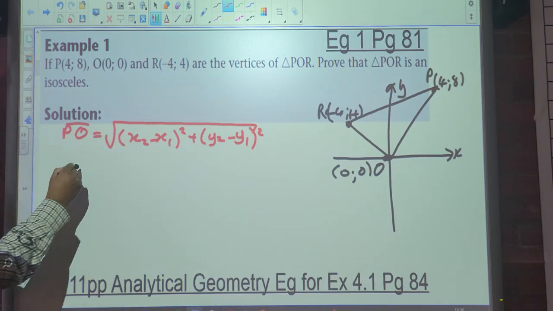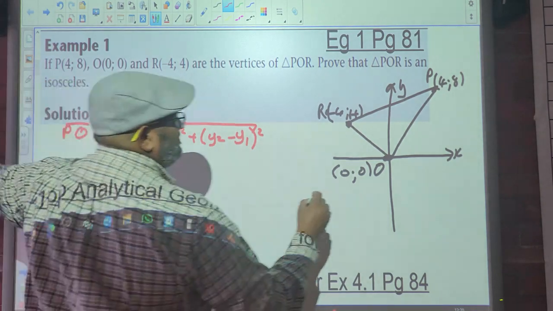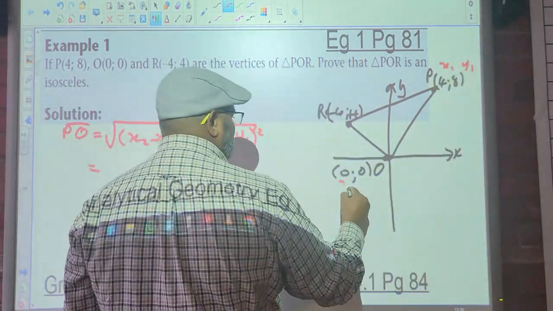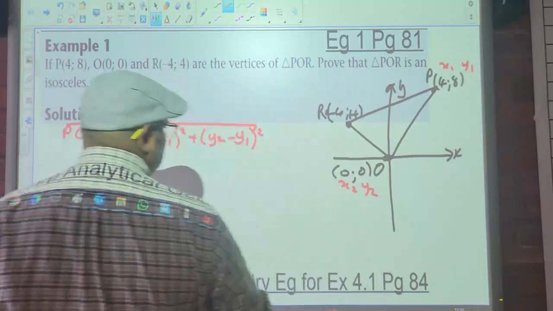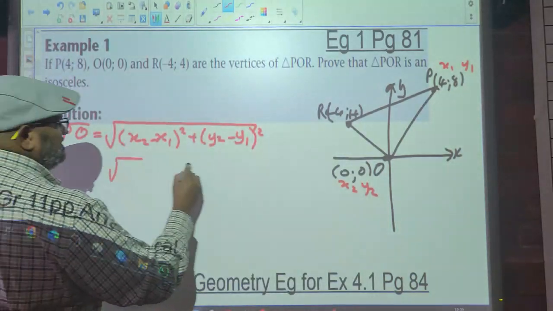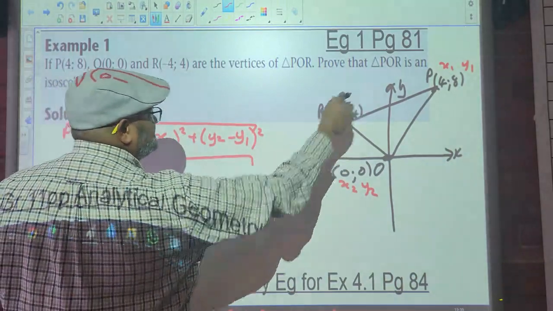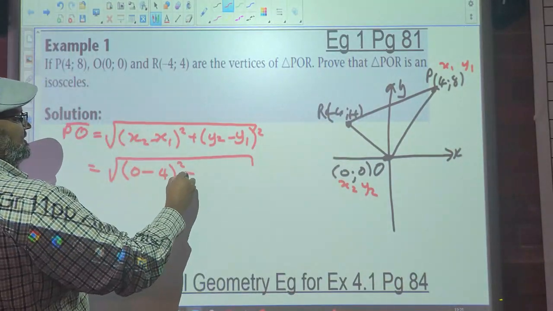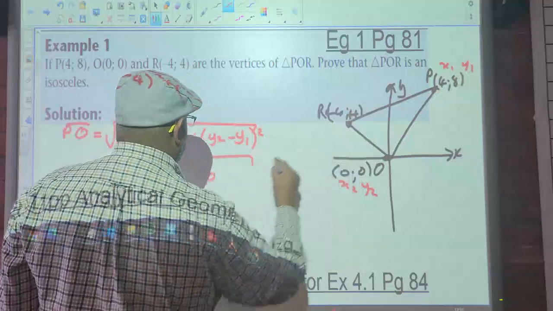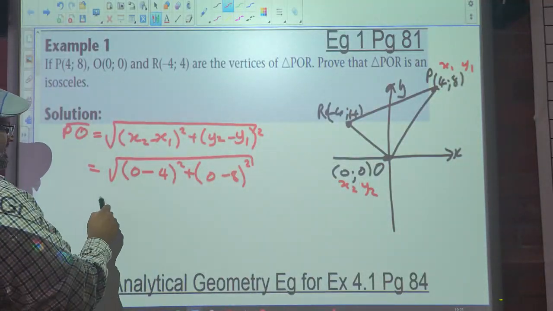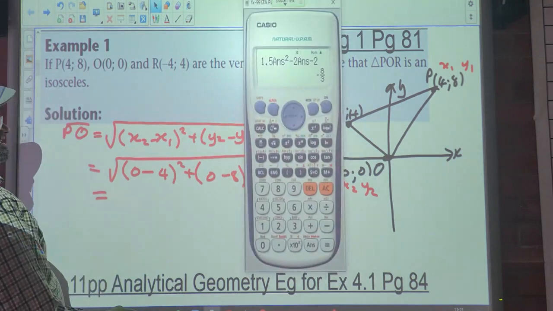If I make P x1 and y1, then O will be x2 and y2. You all agree with that? So that will be the square root of (0 minus 4) squared plus (0 minus 8) squared, which is 16 plus 64, which is 80.